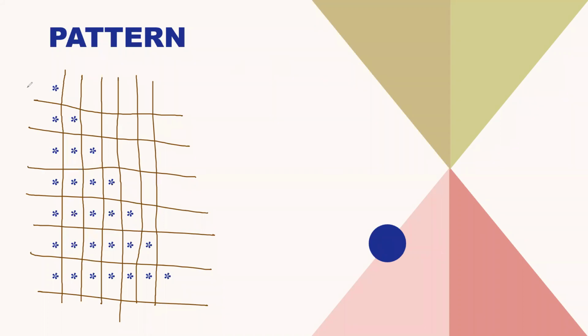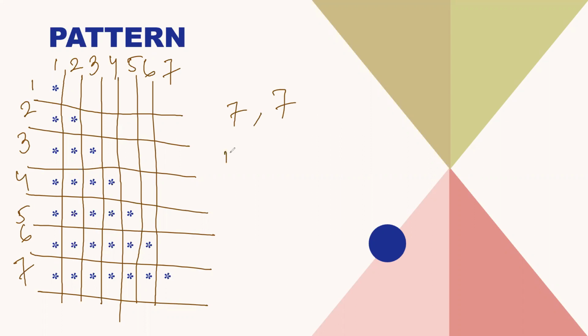So over here, let's first count how many rows are there. 1, 2, 3, 4, 5, 6, 7. How many columns are there? 1, 2, 3, 4, 5, 6, 7. Okay, so total 7 columns, 7 rows. So i will start from 1 till 7. j will also start from 1 till 7.